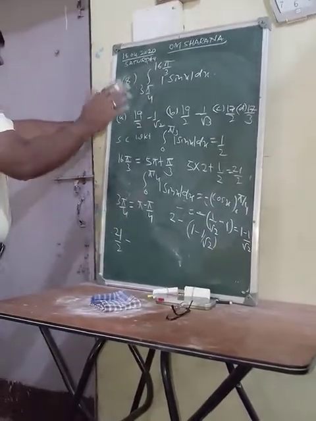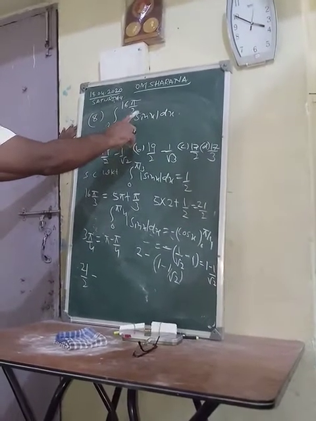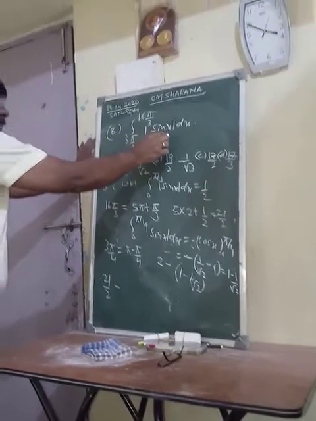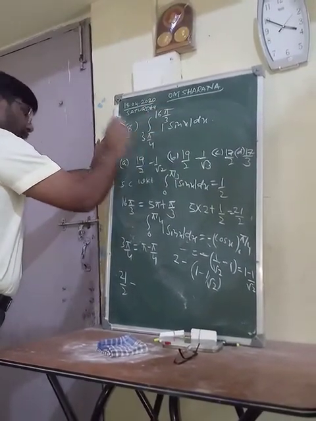Now after integrating we substitute the limits: the integral value of the upper limit minus the integral value of the lower limit.